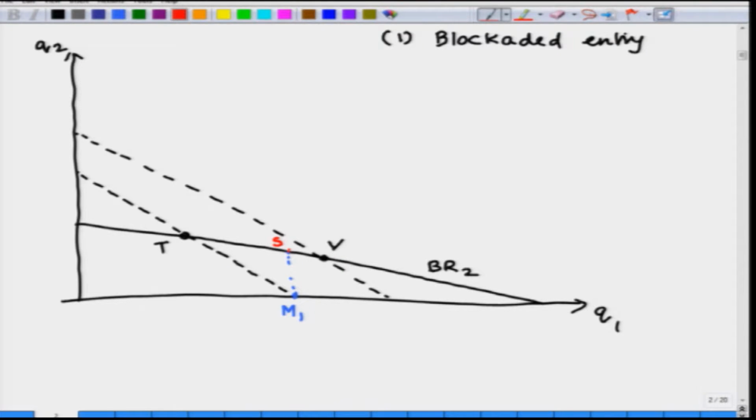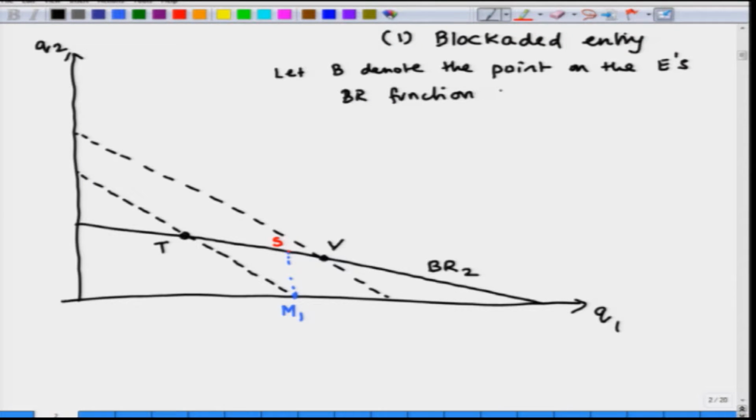Now, let B denote the point on the entrant's best response function where pi 2 becomes equal to 0. Specifically, consider a point B which is of the form BL.